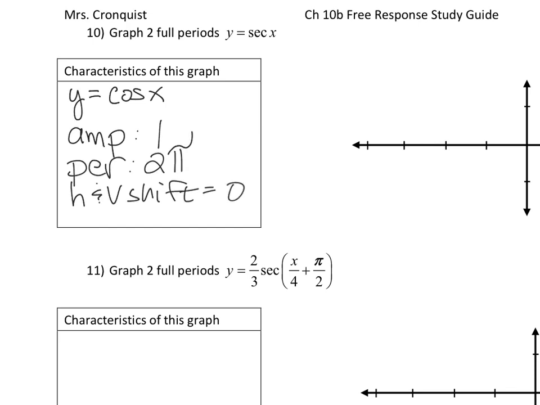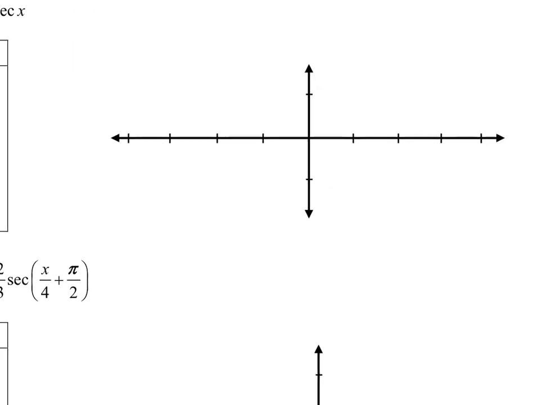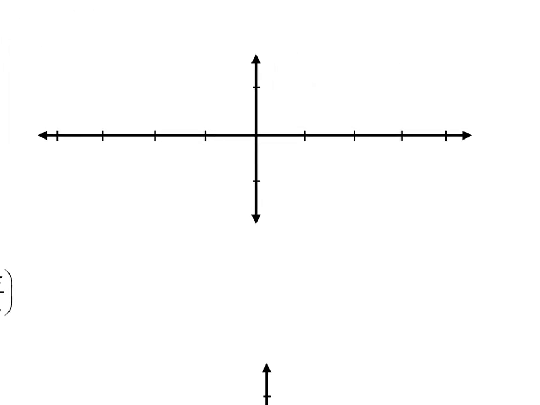All right, so that being said, we're going to mark our tick marks: 2 pi, pi over 2, 3 pi over 2, minus 2 pi, minus pi, minus pi over 2, minus 3 pi over 2. Our amplitude is 1, so we go from -1 to 1.